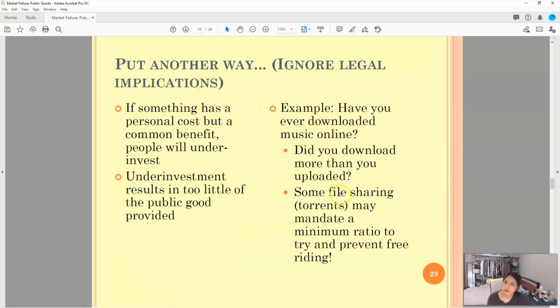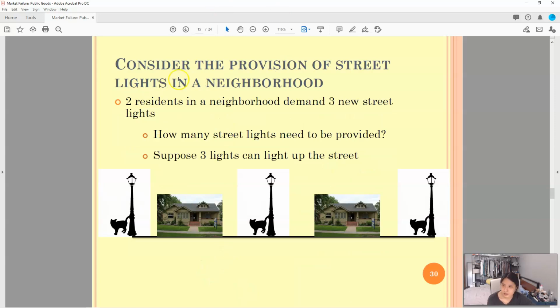So think about music online. Did you download more than you uploaded, or did you download something that you didn't pay for? Some file sharing may mandate a minimal ratio to try and prevent free riding, right? So that's the free rider problem.